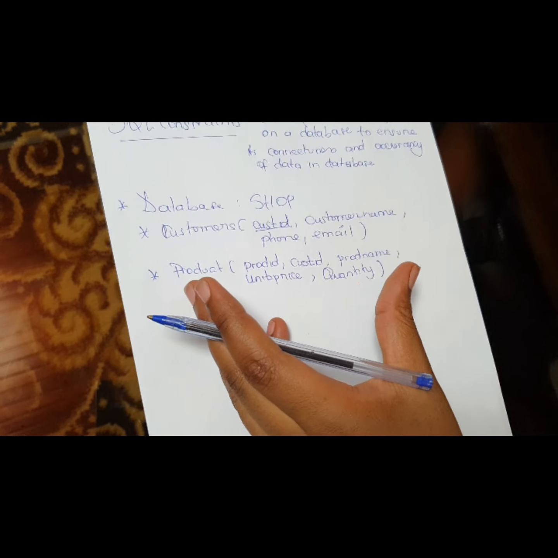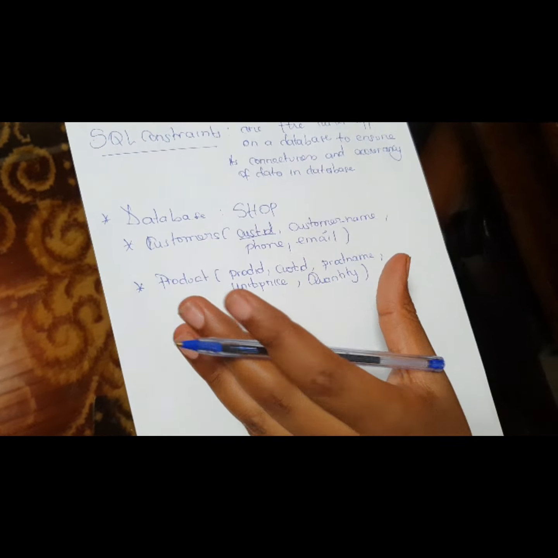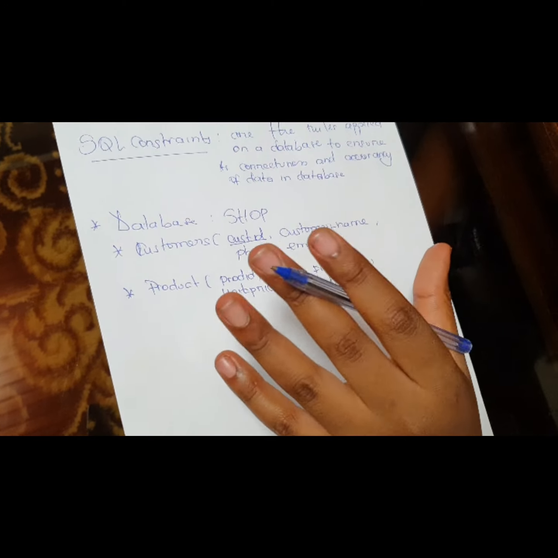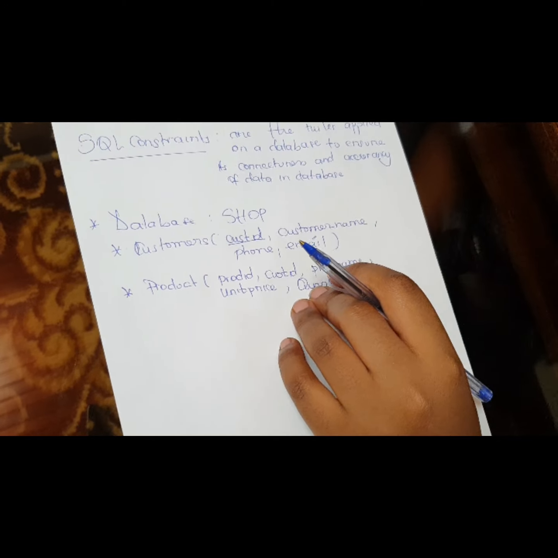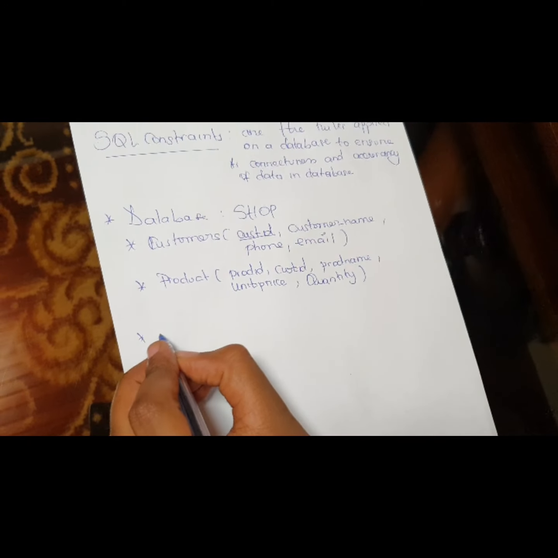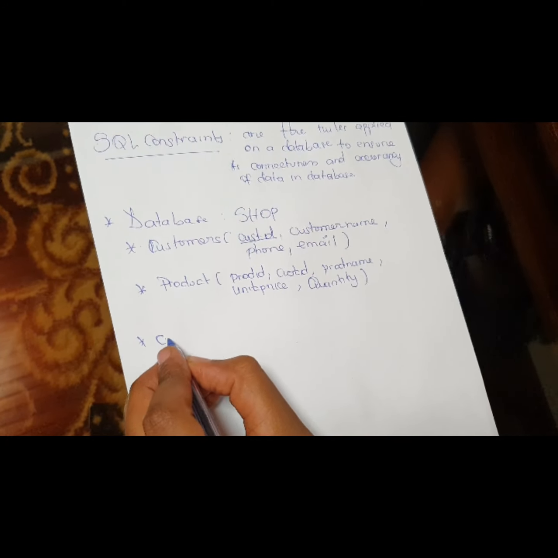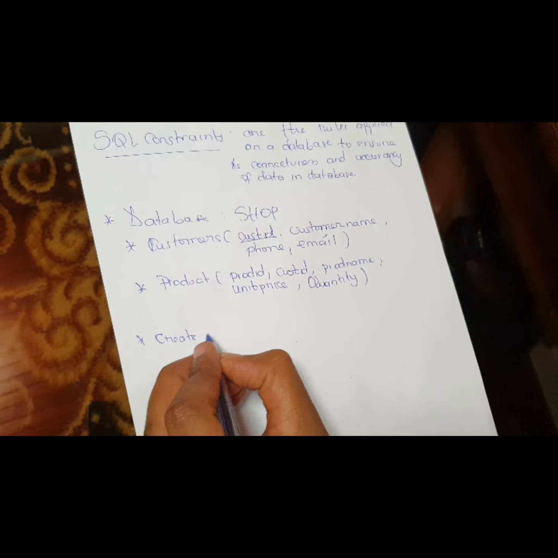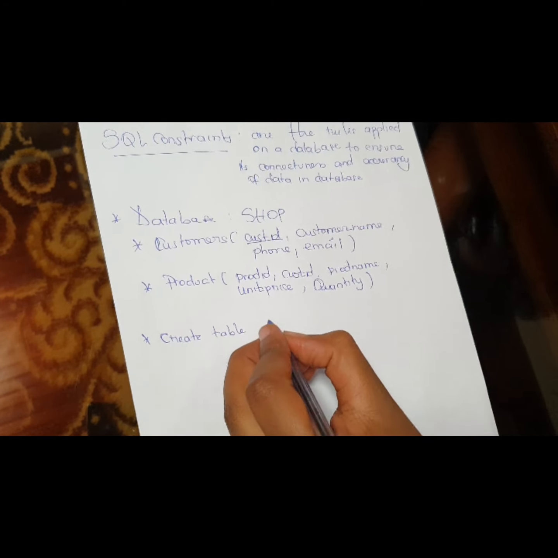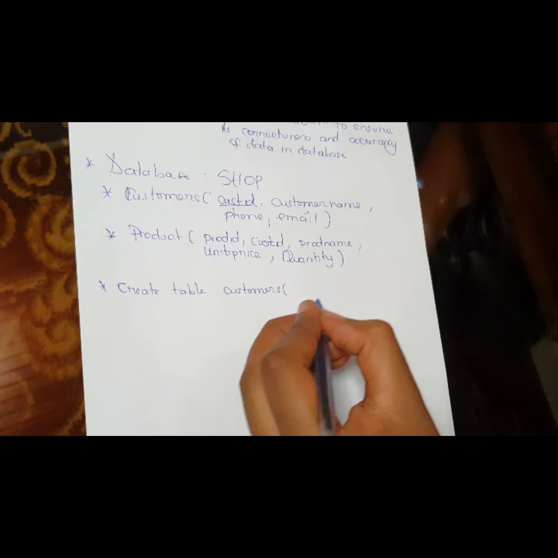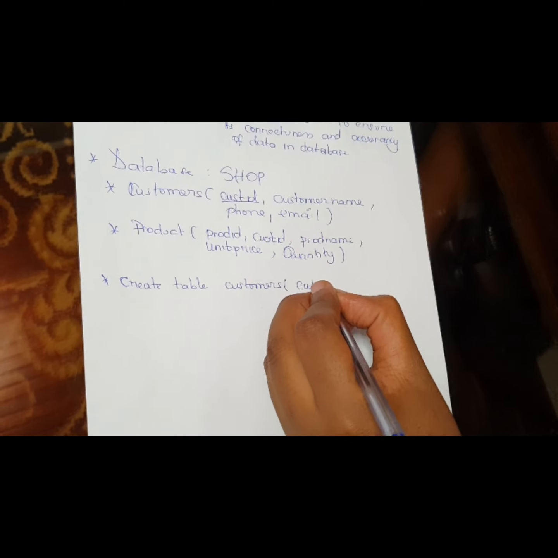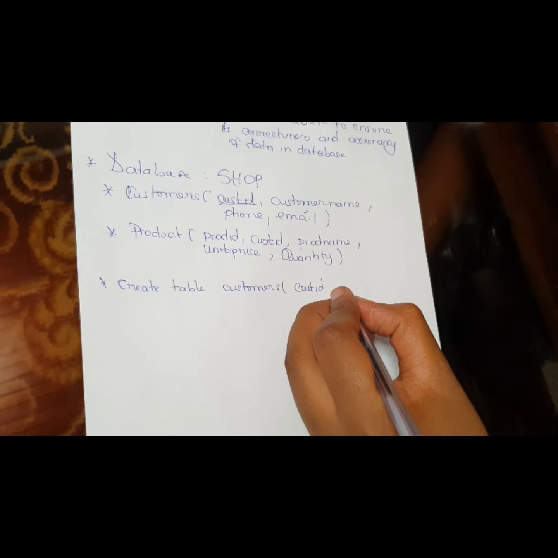So we're going to start by applying constraints that will allow us to manipulate the data that are stored in our columns. I'm going to start on the customer table by saying create table customers. Customer ID will be primary key.